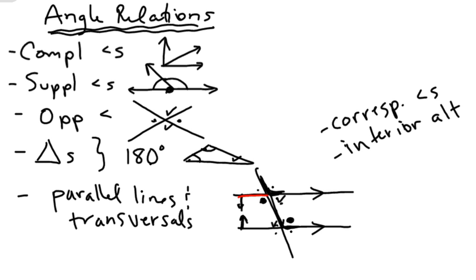Follow a parallel, down the transversal, down the other parallel. We create these two angles, they're the same. So corresponding angles, interior alternate angles, all of these rules come together.